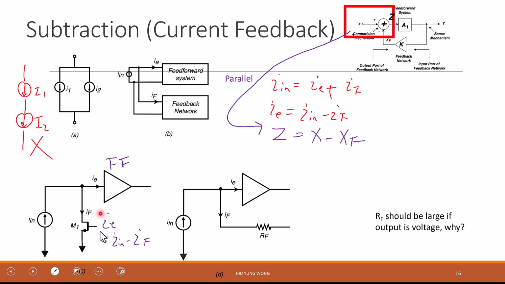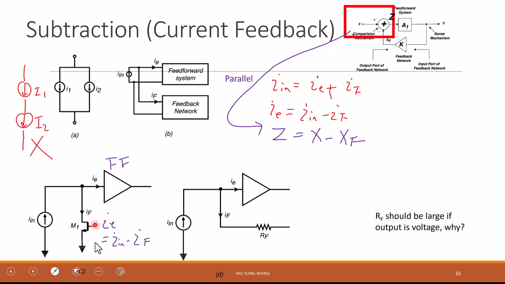That's a way to steal away the current. One single transistor. Another way that we will see very often is this one. We have I in. We use a resistor to steal it away, and this is going to be connected to the output, right? We don't see it, but we still have IE, right? But my question to you is, this is the feedback network.